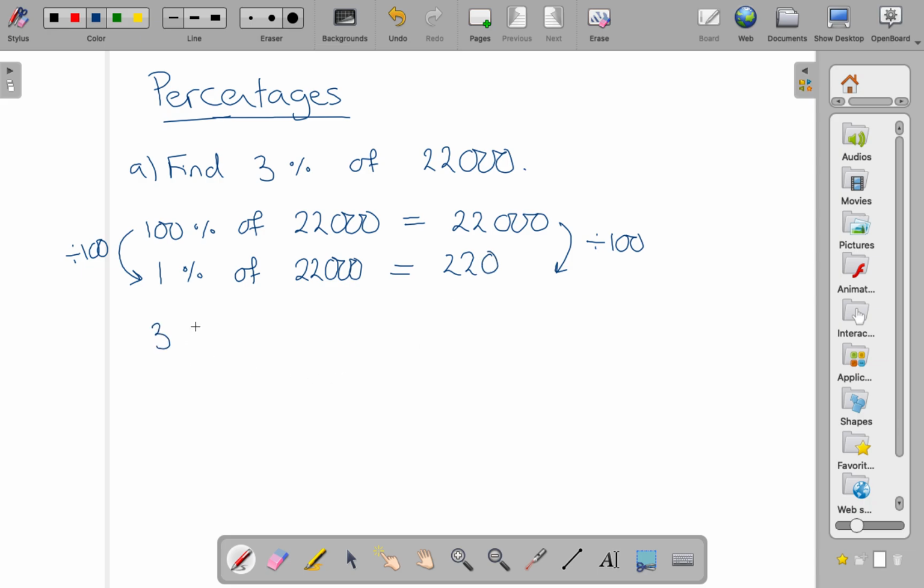And then if we want to find out 3%, to go from 1% to 3%, we times by 3. So 3% of 22,000 is simply 3 times 220, which is 660. So we found 3% of 22,000.